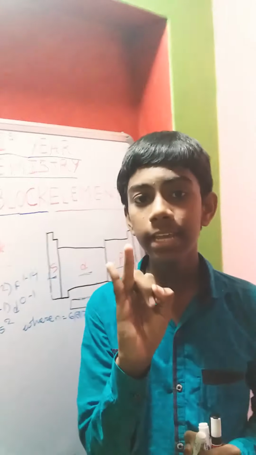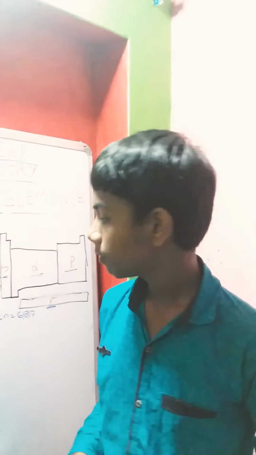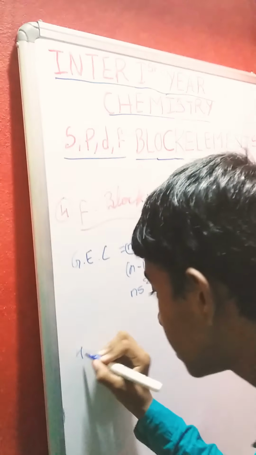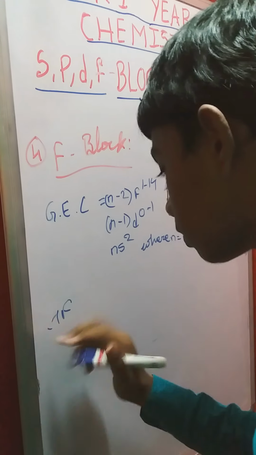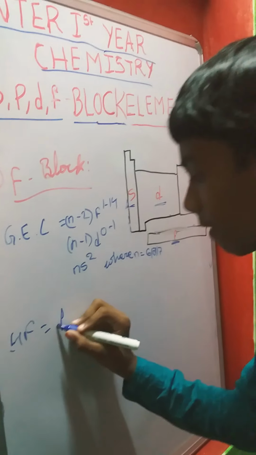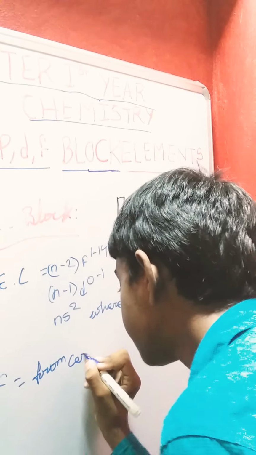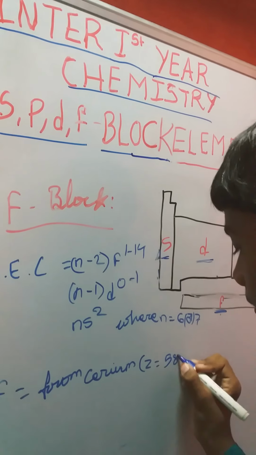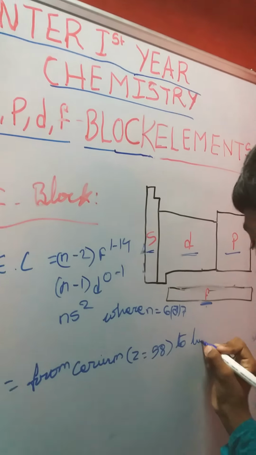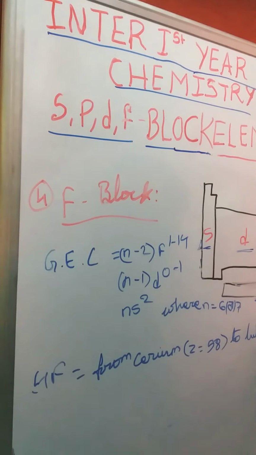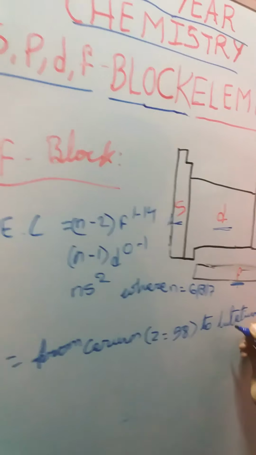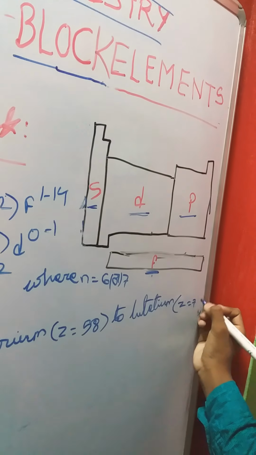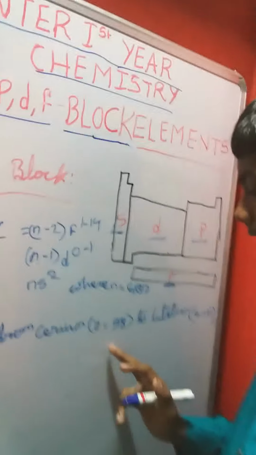It has two series and each series contains 14 elements. 4F series: from cerium, Z equal to 58, to lutetium, Z equal to 71.